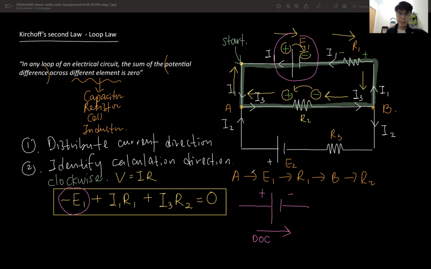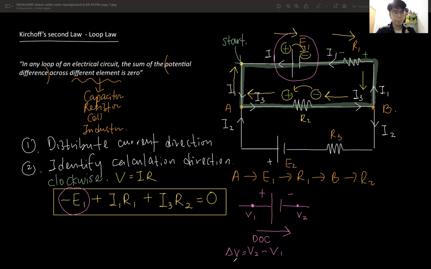Now, the way we calculate is actually like this. We take the 2 points between the component, before V1 and after V2, okay? So when we calculate, we're actually calculating V2 minus V1 to get the potential difference. We always get this 2 minus 1, 2 minus 1. Okay? Now, if I ask you, which one is bigger, V1 or V2?